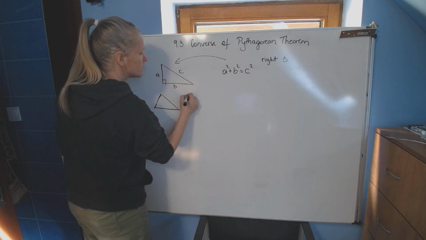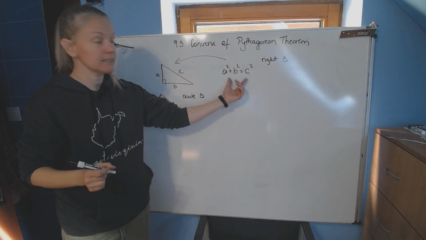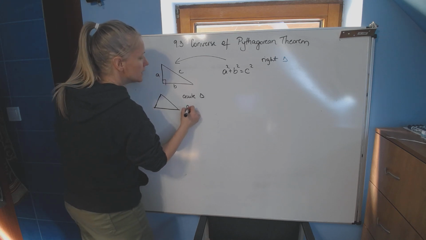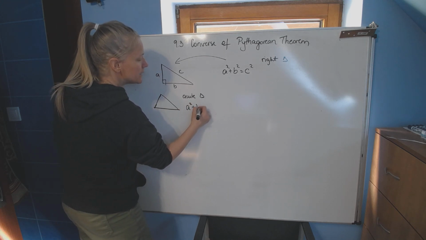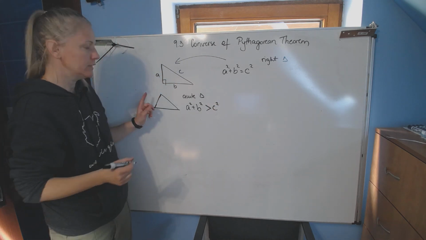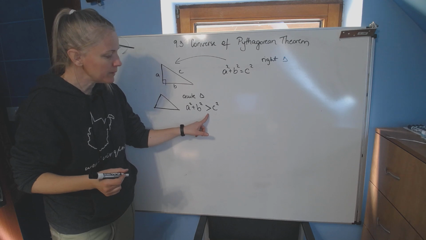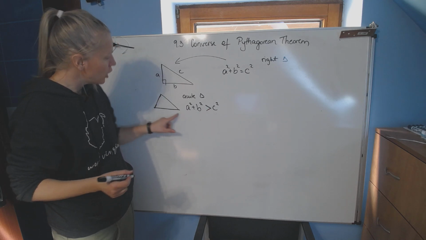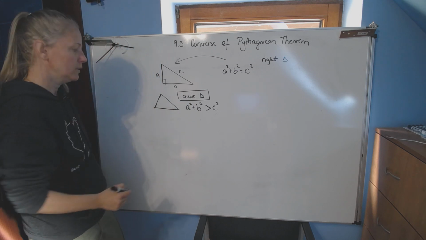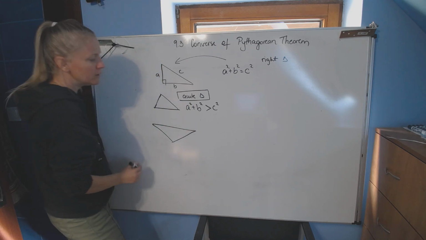This is an acute triangle. And you can use the same kind of situation to decide if a triangle is acute. And here's how you know. If a squared plus b squared is greater than c squared, if you look at the sides that are defined and the two smaller sides added together end up being greater than the longest side squared, that makes it an acute triangle.